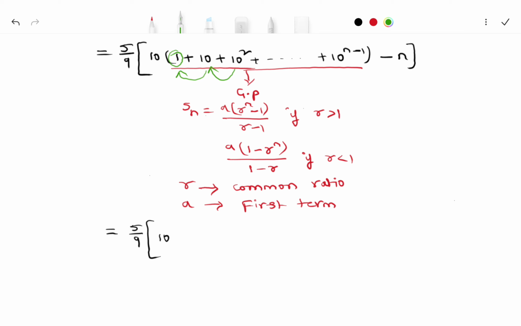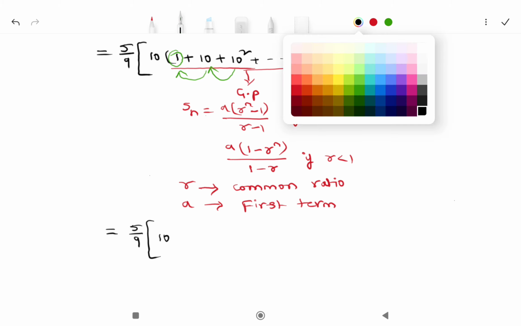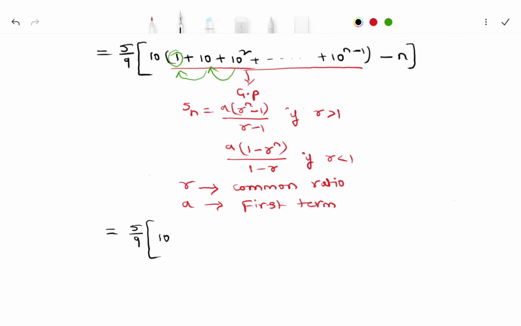So you can write this as 1 into 10 power n minus 1 whole divided by 10 minus 1. So this is the sum of n terms in geometric progression, minus n.